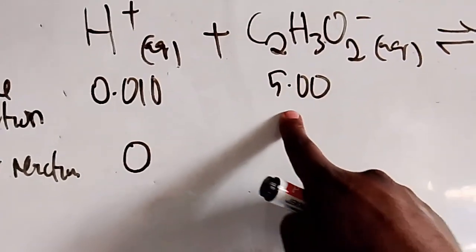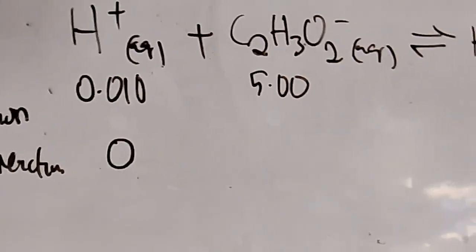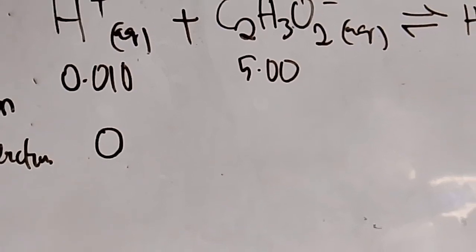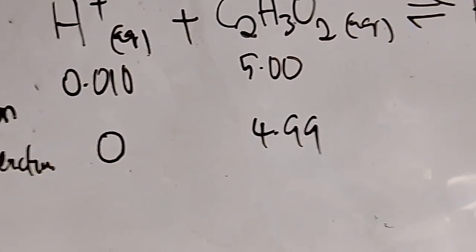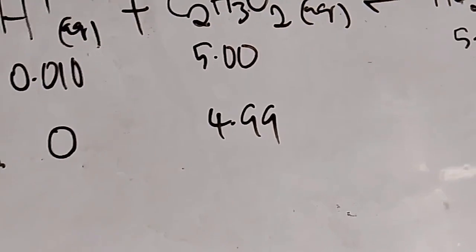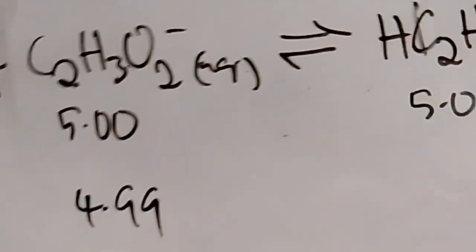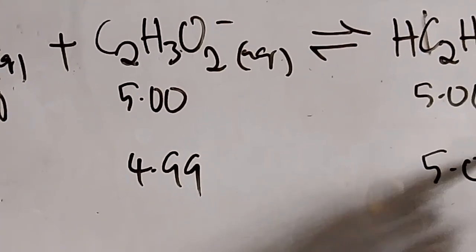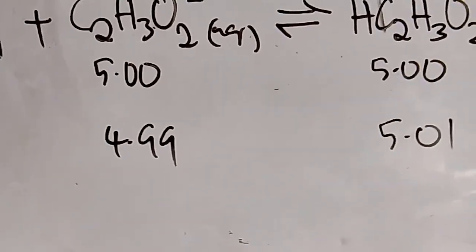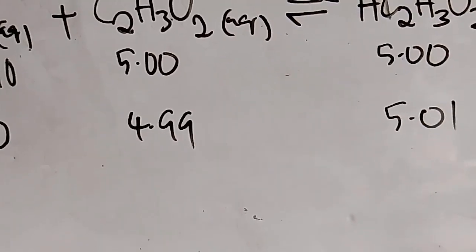Then you subtract from 5, so it is now 5 minus 0.01. You are going to get 4.99. Then we expect the concentration of the acid to increase, so this one now goes to 5.01 molar.